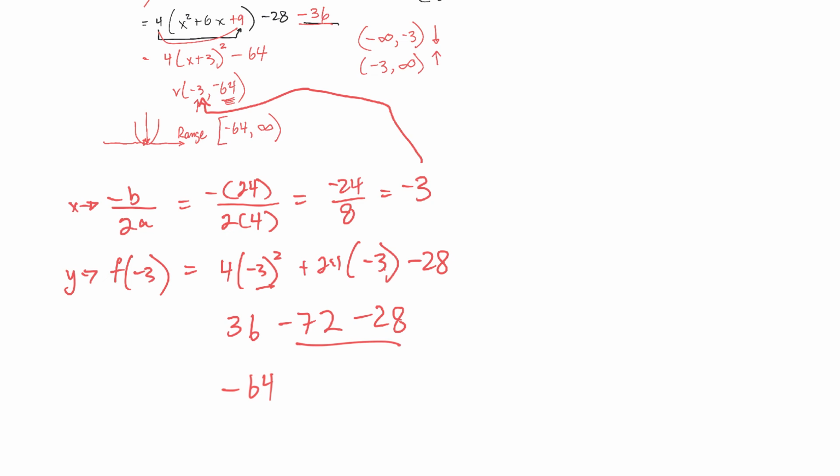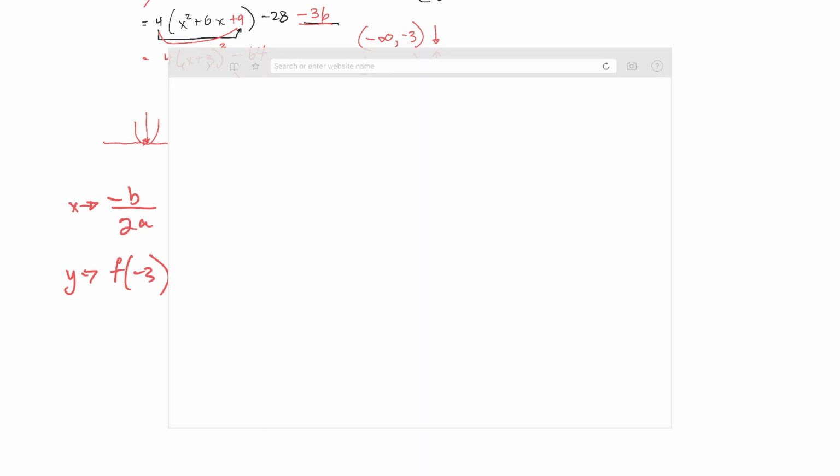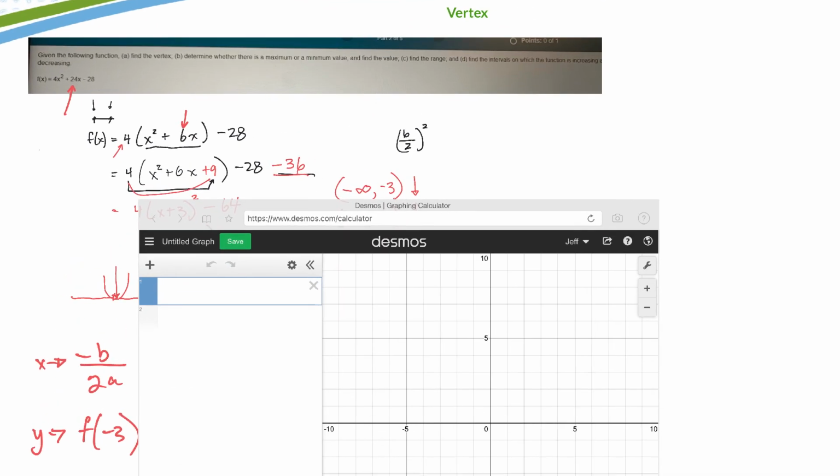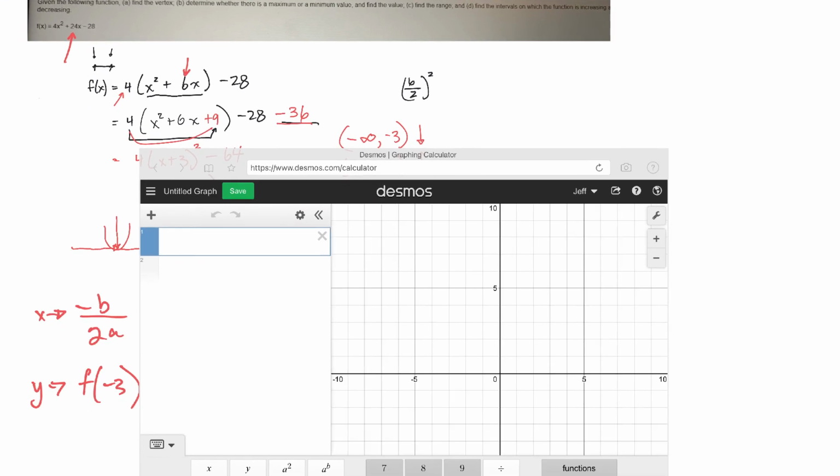Now let's look at Desmos and see what it has to say. Okay, I've got to go back to my original function here. So I have y is equal to 4x squared plus 24x minus 28.